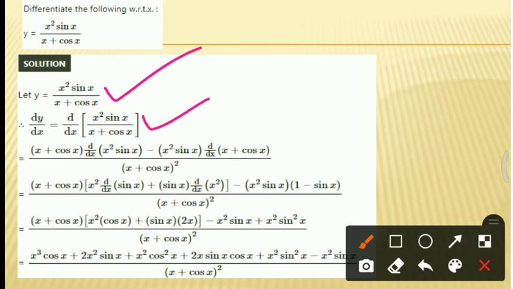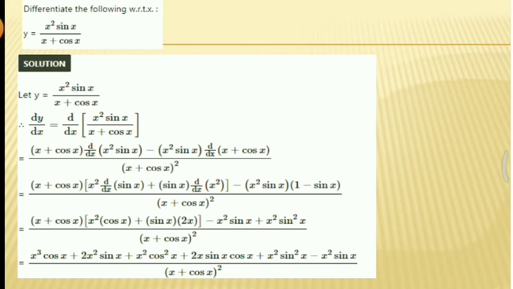Therefore, differentiating with respect to x, now by using the first or second, first by second or u by v rule, we will write the first step of differentiation: second as it is, x plus cos x as it is, into derivative of first, that is d by dx of x square into sin x, minus first as it is, x square into sin x into d by dx of second, that is d by dx of x plus cos x, and total divided by square of second, x plus cos x bracket square.